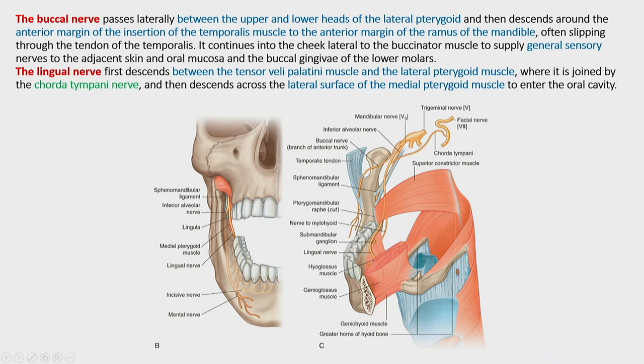Be careful: the buccal nerve, a branch of the mandibular nerve, does not innervate the buccinator muscle. It is a purely sensory nerve, just providing sensory innervation to the cheek region, the skin and the mucous membrane of the cheek.